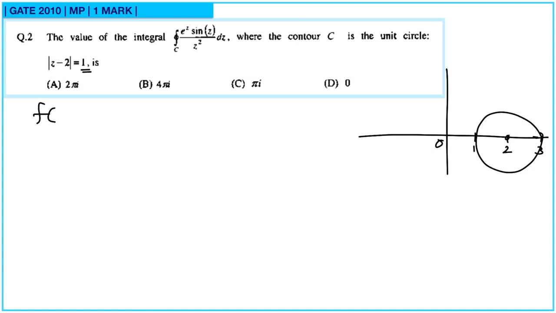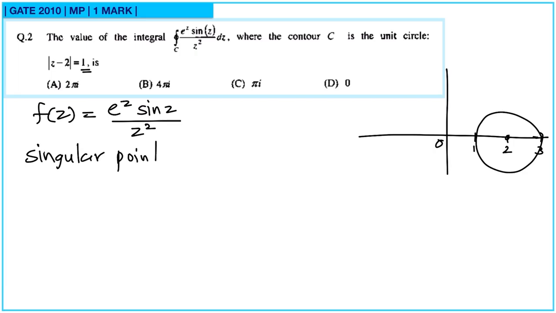Now the function is f of z equal to e raised to z sin z upon z square. Now this function will be analytic if the singularities are outside this curve. So let us find out singular points first. So singular point will be when the denominator is 0.